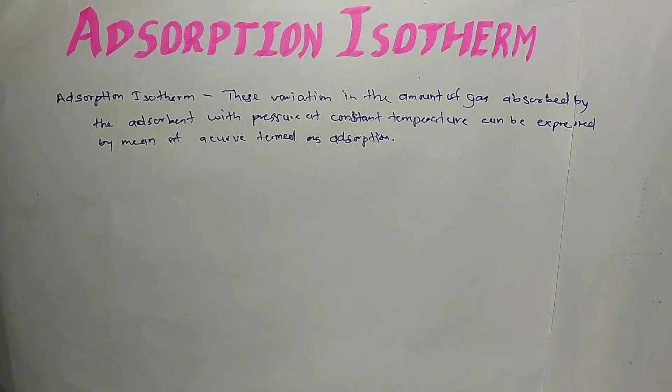These variations in the amount of gas adsorbed by the adsorbent with pressure at a constant temperature can be expressed by means of a curve termed as adsorption isotherm.